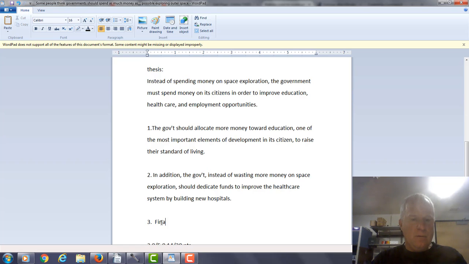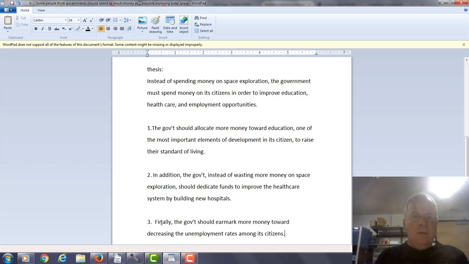Then you might say, so I'm going to change that last one, say, finally, the government should earmark more money toward decreasing the unemployment rates among its citizens.